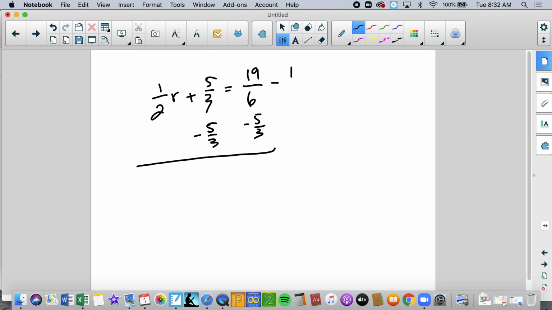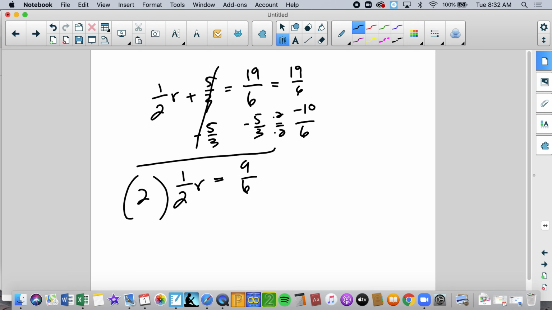Let's find a common denominator, 6 times 2 times 2, negative 10. So you get 1/2 r equals, these cancel, and you get 9/6. Let's multiply by the reciprocal, which is 2. That leaves you with r. 2 and 6 cancel, 3 9/3, r equals 3.